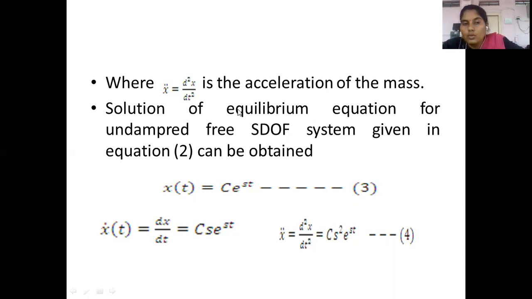Write down below this: x double dot is the acceleration, x double dot equal to d2x by dt square is the acceleration of the mass.